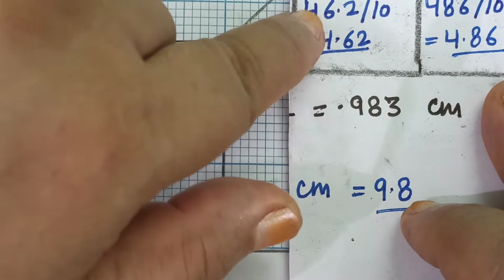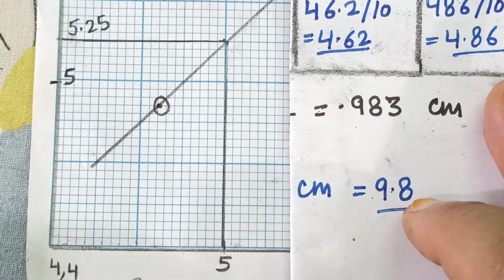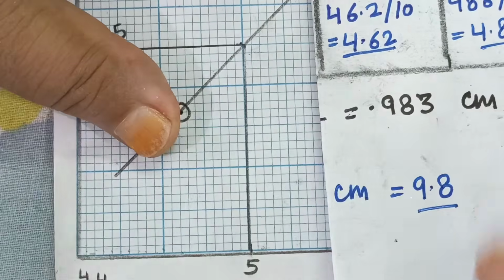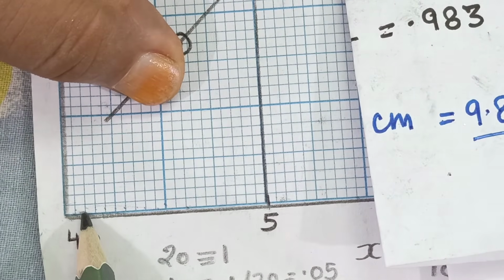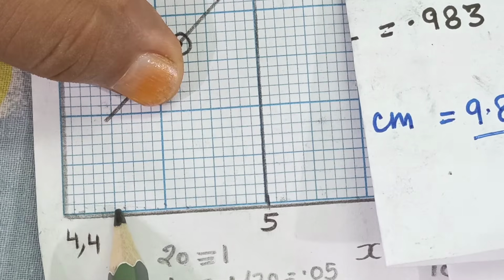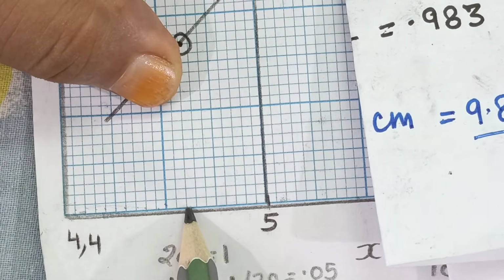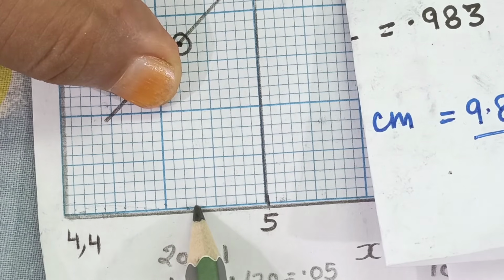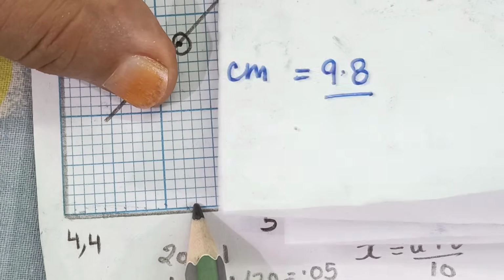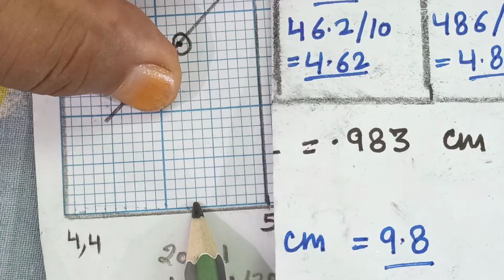But just look at the 4.62. We can take 4.1, 4.2, 4.3, 4.4, 4.5, 4.6, and after that we can have 4.65, but we are supposed to plot 4.62.